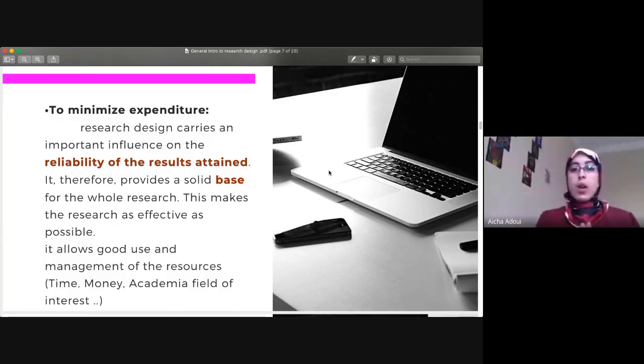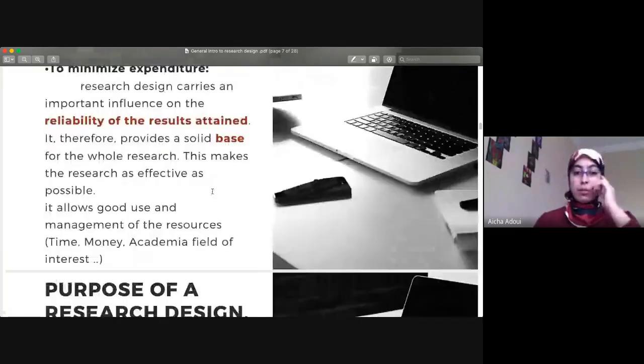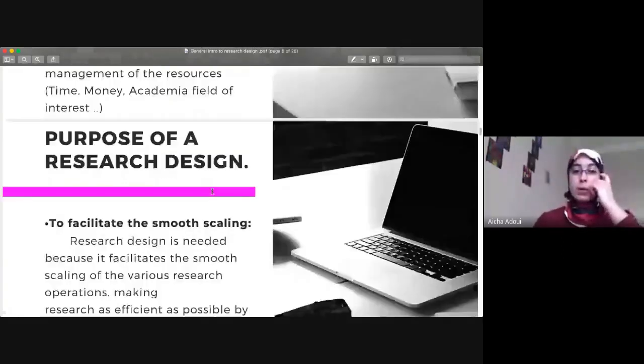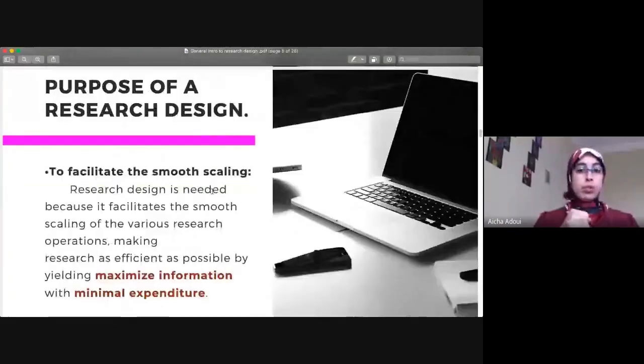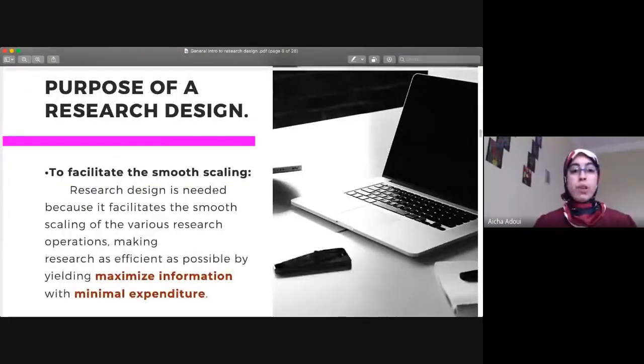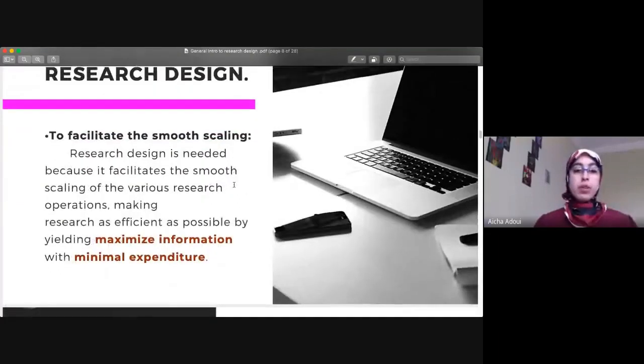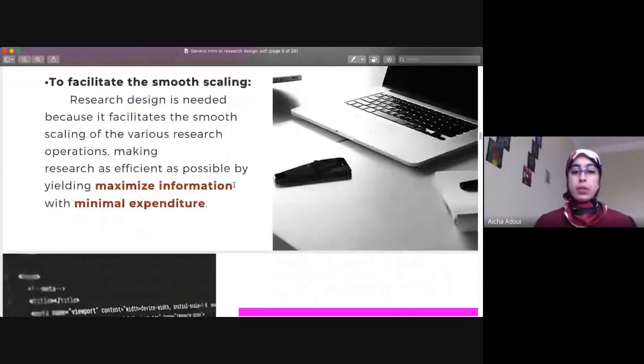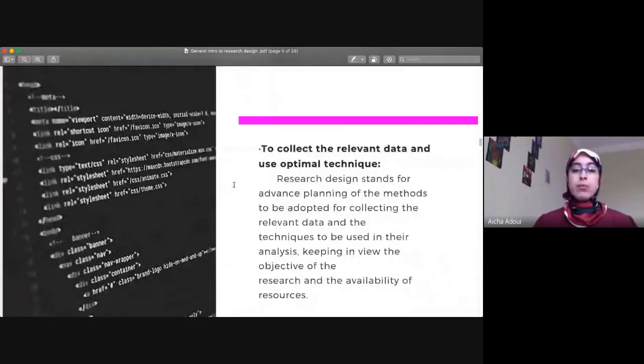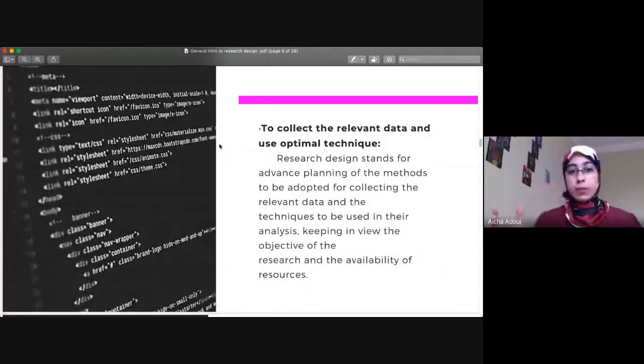It's not going to be reliable without a good plan and a good and effective implementation of that plan. So the research design really is the backbone of research in a certain way. Again, it helps with maximizing information, minimal expenditure, etc. Collecting relevant data, using the optimal techniques.